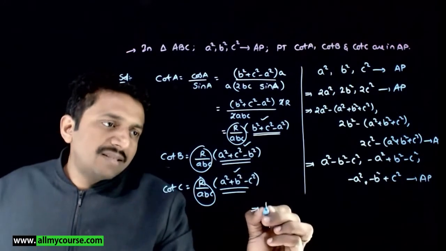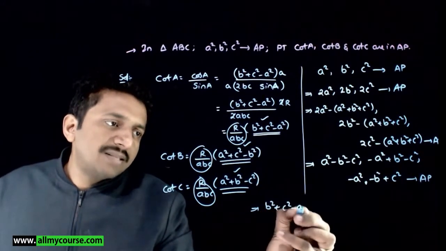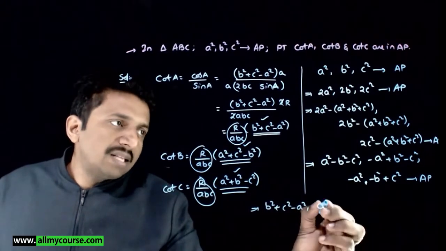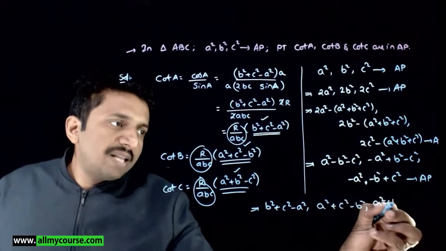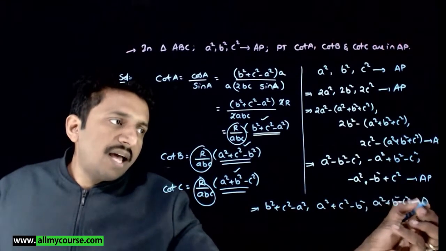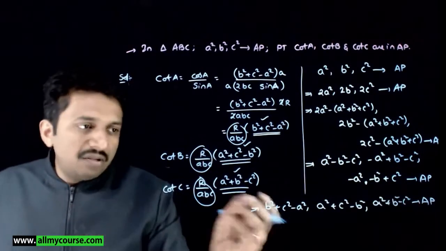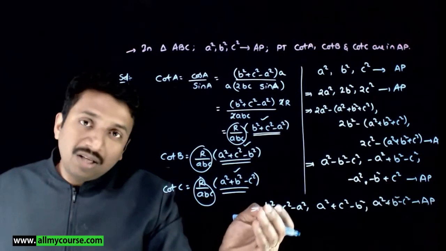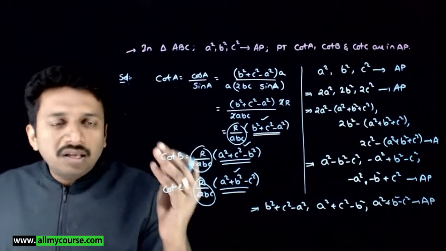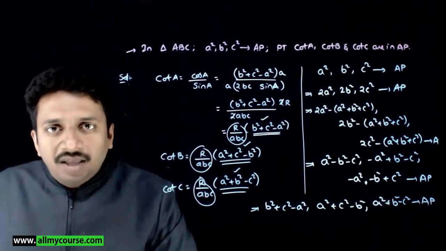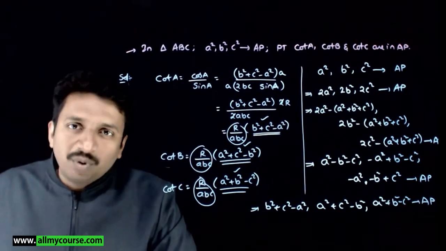So that implies b square plus c square minus a square, a square plus c square minus b square, a square plus b square minus c square are in AP. If these are in AP, and you multiply each of these by R by abc, those are also in AP. Hence cot A, cot B, cot C are in AP. Hence we prove the result.